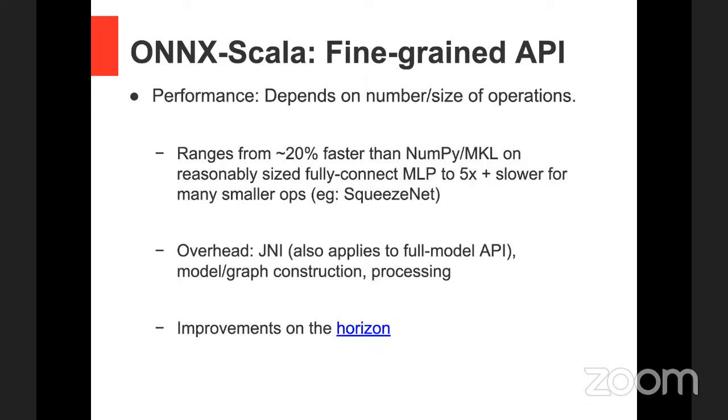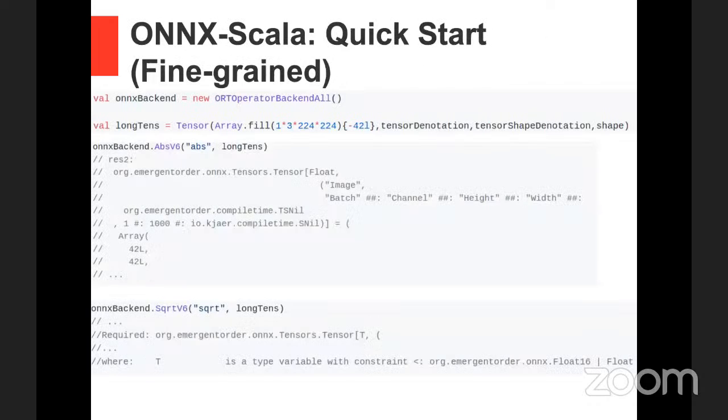There's also additional overhead for creating the ONNX model and graph around the operations and converting them into bytes, and then processing and unwrapping that on the other side. And there are improvements on the horizon in ONNX going to expose these operations as actual usable functions in ONNX runtime, which could remove that source of overhead anyway and give us a nice performance boost.